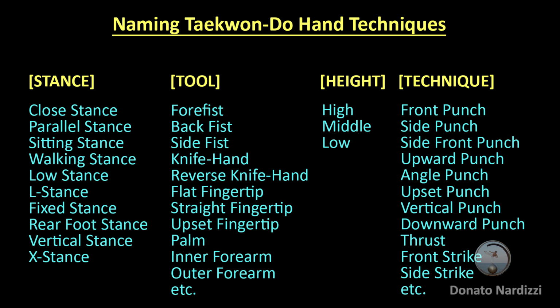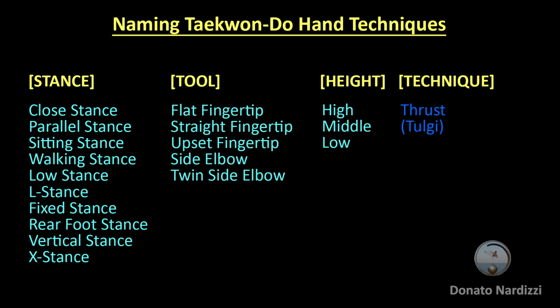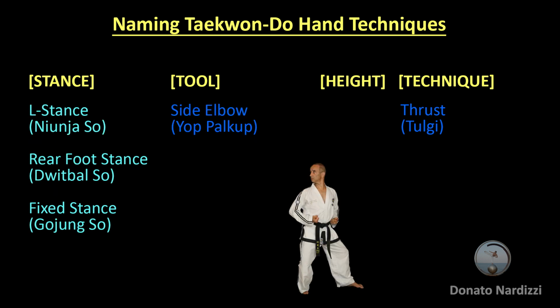For example, if we choose the technique to be a thrust, tulgi, we already reduce the number of tools that can be used. If we choose the tool to be a side elbow, yop palkup, then the three heights are no longer applicable. And the viable options for stances is reduced to L stance, nyunja sogi, rear foot stance, twitpal sogi, or fixed stance, kochung sogi. So most permutations are not viable options.